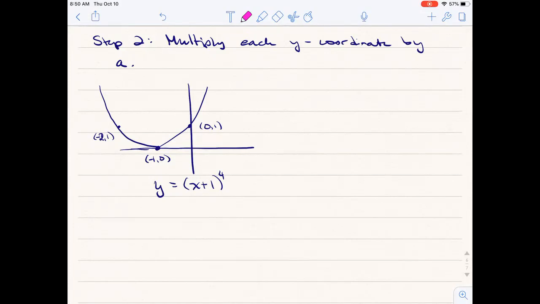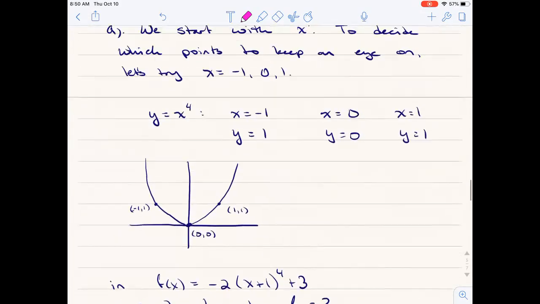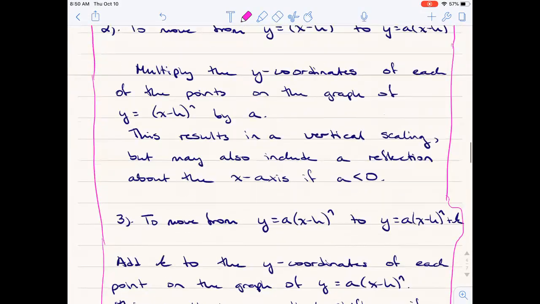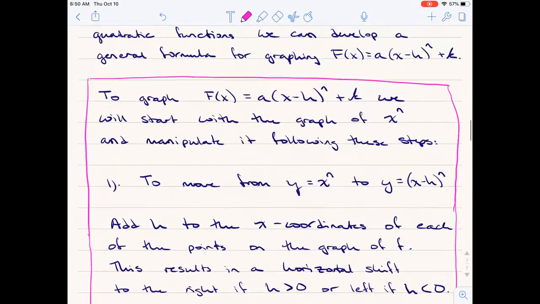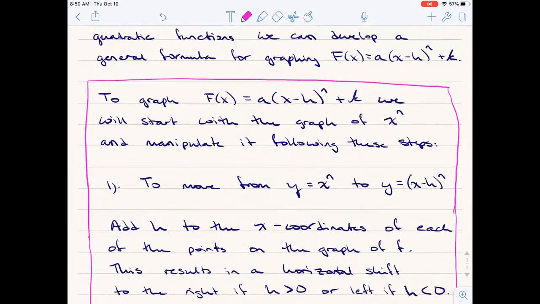Yeah. So you wrote h is equivalent to negative 1, but in the equation it's plus 1. Plus 1 is shifting, minus 1 is shifting, right? Yeah, and because we're comparing to the general form, which is this one here, a times (x minus h), if we have x plus 1, then h must be negative.